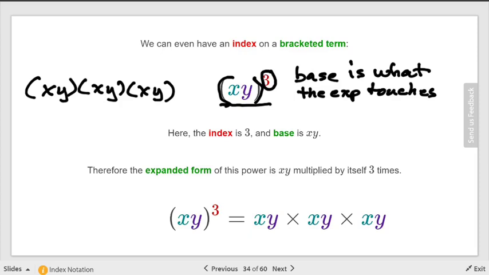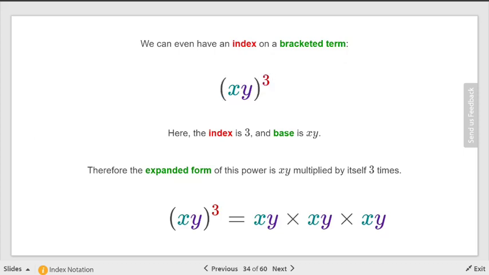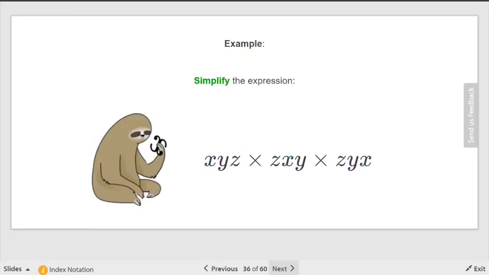Then if you do the multiplication, x times x times x is x to the third power, and y times y times y is y to the third. So you see it ends up being the same as raising everything inside to the same power. But you need to see that the base is the thing that it's touching. And there they have it worked out for you.